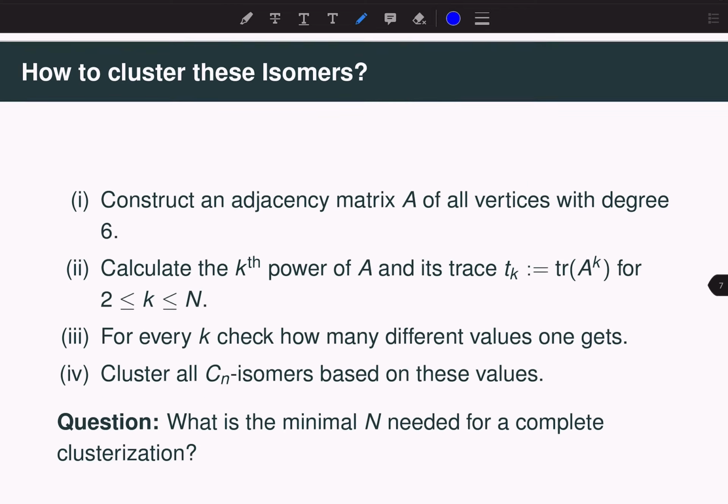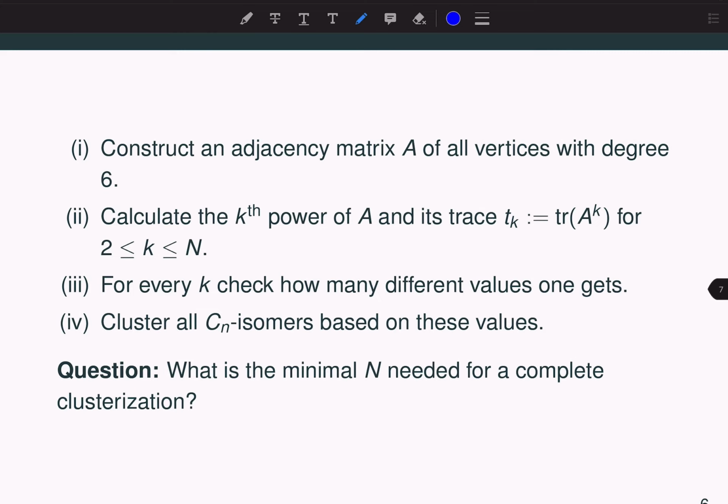And we derived the following idea. We don't care about the whole fullerene, we just care about the hexagonal subgraph, meaning that we care about the vertices of degree 6 only. We compute its adjacency matrix A, then we compute its kth power and sum up the diagonal and call it the Newton polynomial, T_k.